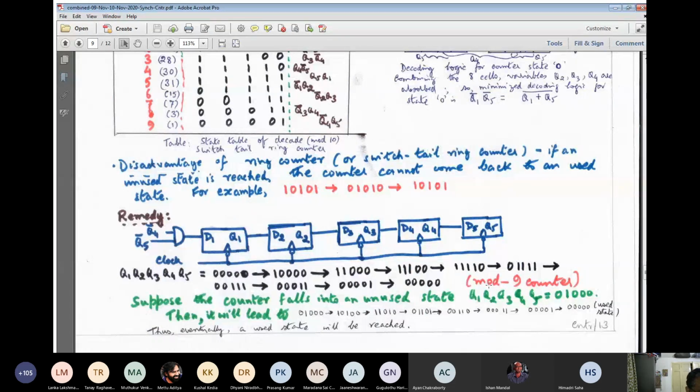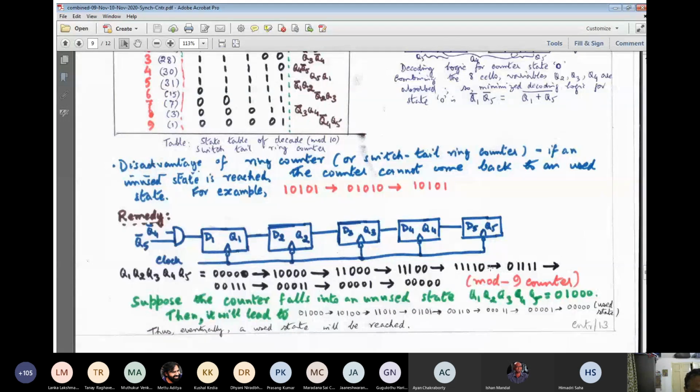So start with all 0. Since ANDing is involved, Q4 bar is 1, Q5 bar is 1, so 1 will be coming here. So it will go till this point, right? So it will be all 1, then 1 will be coming here. Now from this point onward, you see that Q4 bar is 0, Q5 bar is 1.